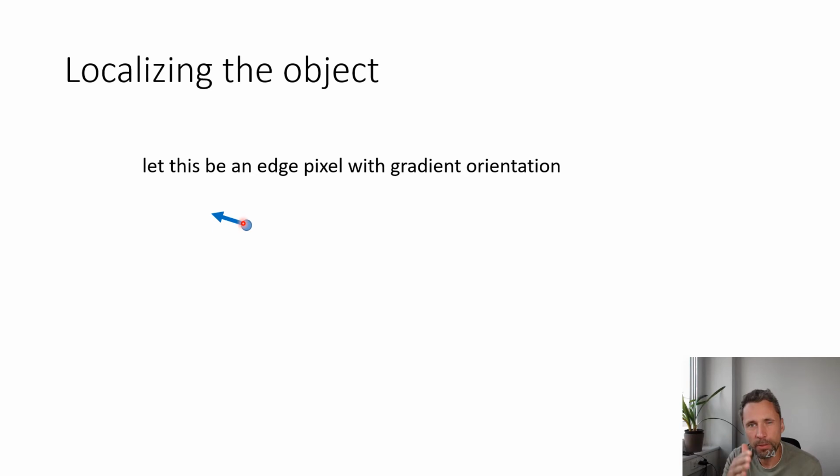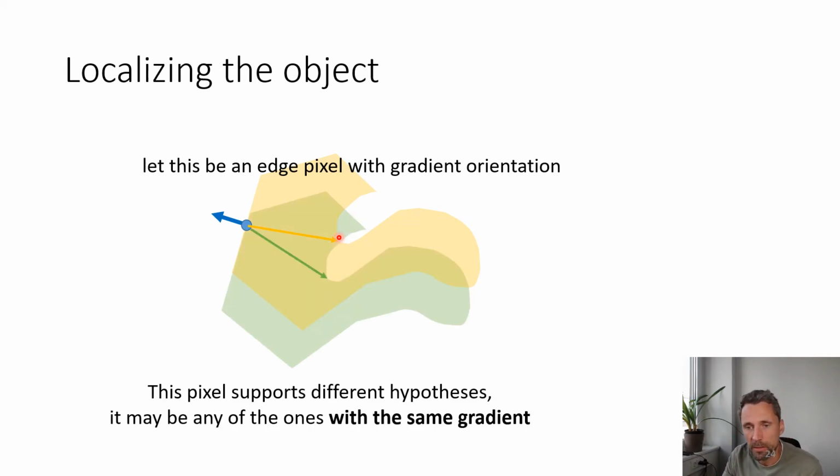Now, given the gradient orientation, we can think of this pixel to be on this edge of our object at that specific location, and that would indicate the center of the object to be here. But it could also be that the same pixel is on another location on the same edge of the object.